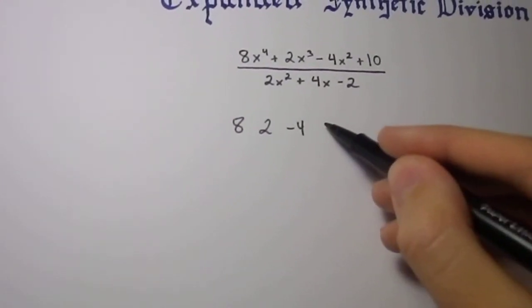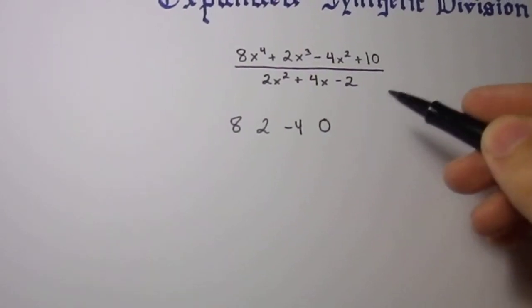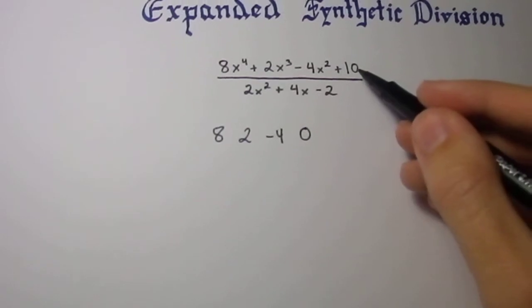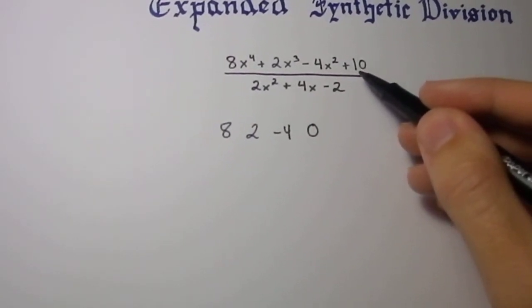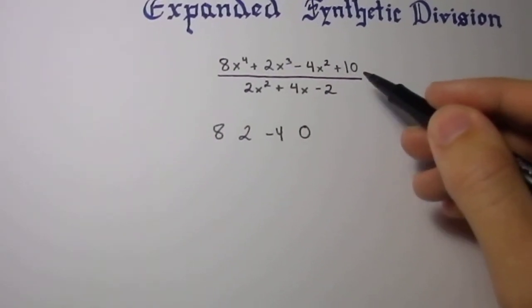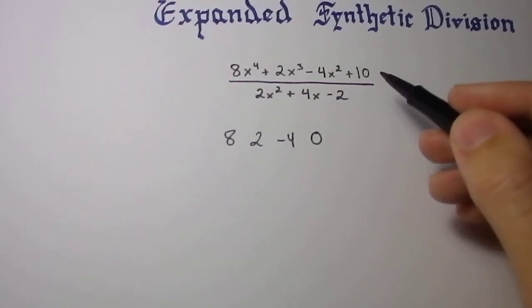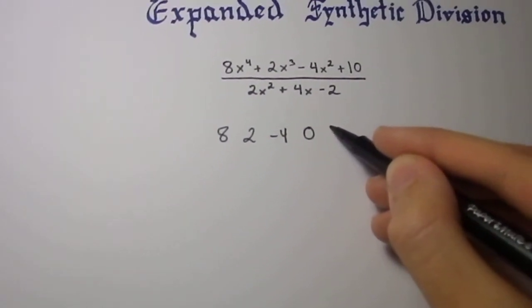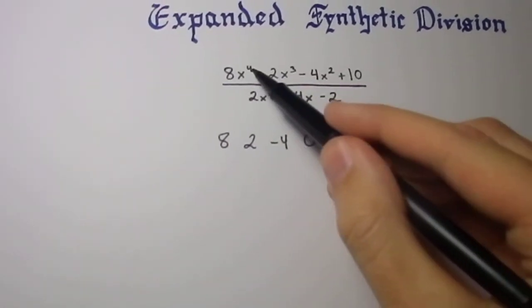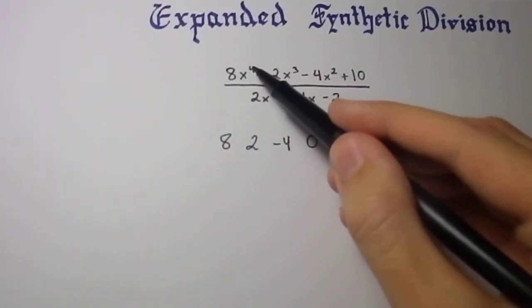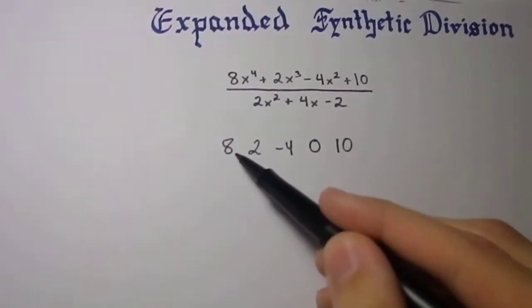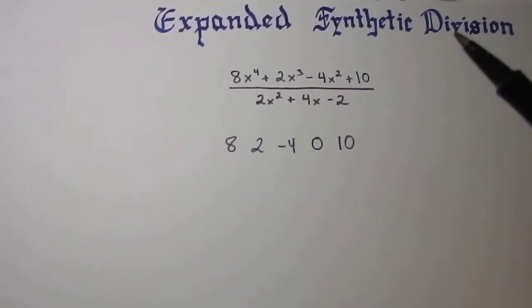So you have to remember to add that 0 in there, and then this 10 is 10x to the 0, and x to the 0 is 1, multiplied to 10 is itself, so you put 10 here. And a way to check is you take the degree of the polynomial, 4, you add 1, which is 5, and you should have 5 numbers here, and you do.